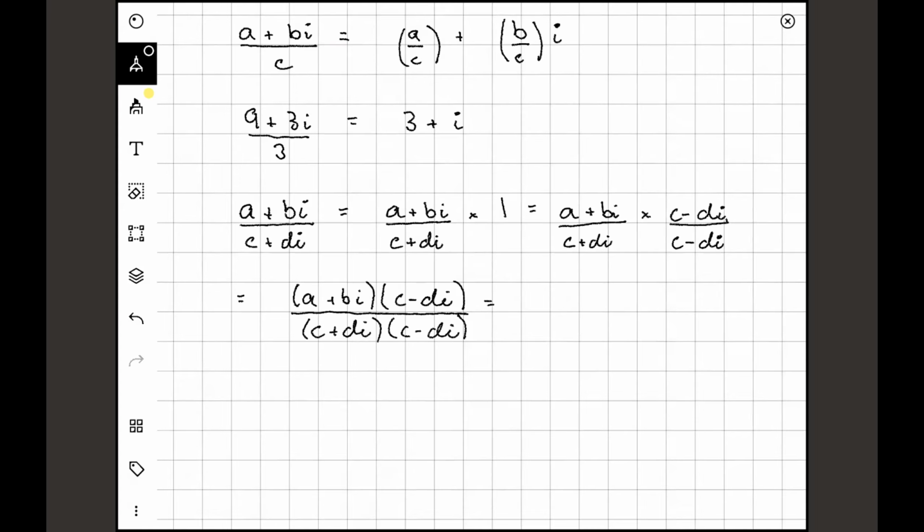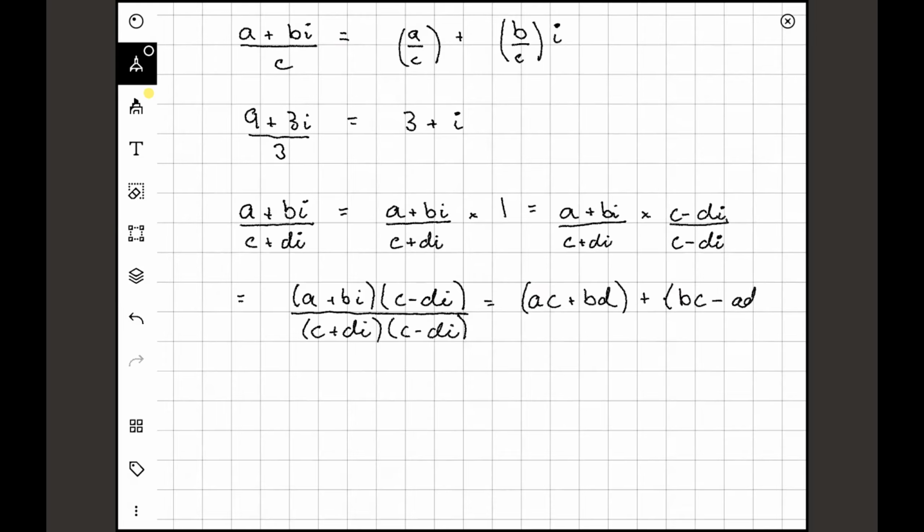If you multiply out the top, we're going to get ac plus bd plus bc minus ad times i.